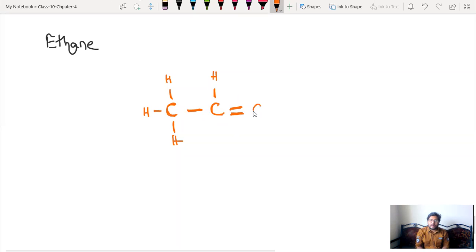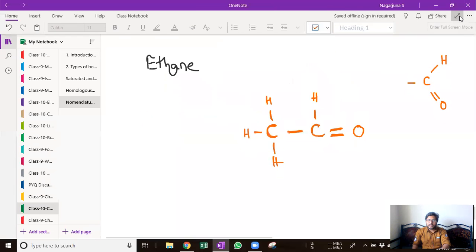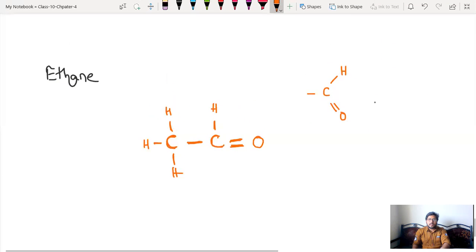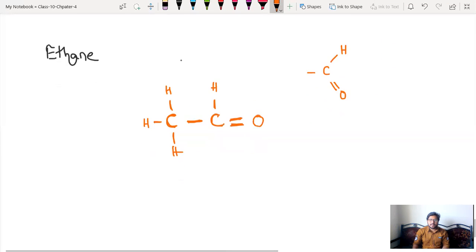And add oxygen here, O. Now what did we get? The structure is C, single bond H, double bond O, right? Single bond H and double bond O. What will it become? Aldehyde, right?